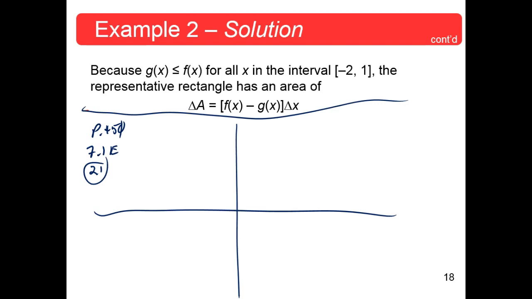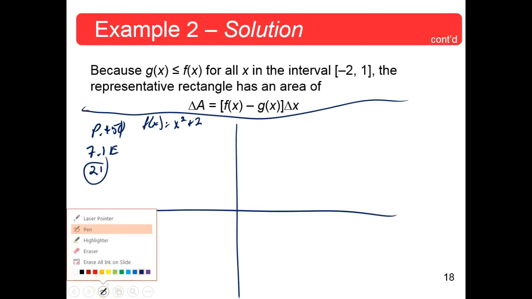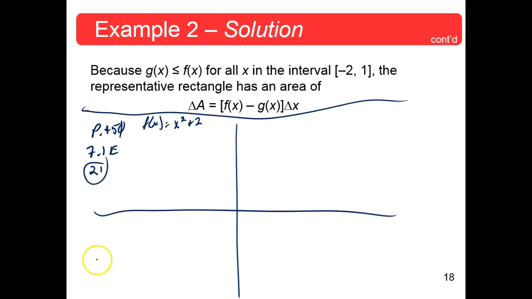Now, here are the two functions. f of x is equal to x to the 5th plus 2. And what color would you like g of x to be? Say again? Red. Red, okay. It's really sort of an orangey red, but the other one I was afraid if I hit that it would end the recording.